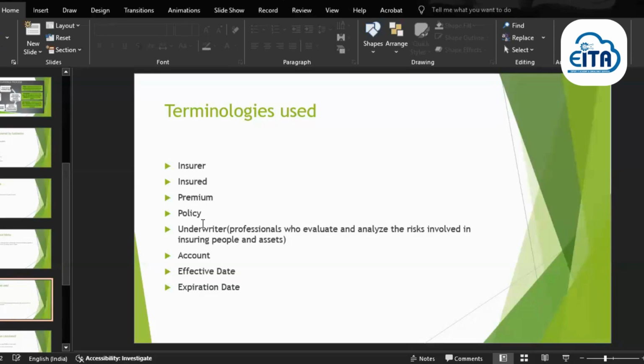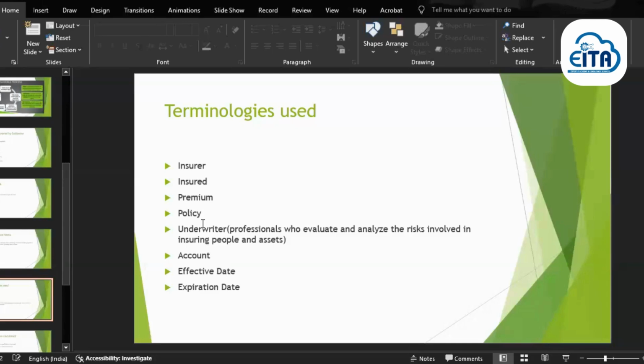They will check and see that this person's license is suspended, so there's a risk associated with that person. Either they will put some conditions, or they will not provide insurance, or they will increase the premium. So underwriters evaluate the people and the risk, and on that basis the premium gets increased.